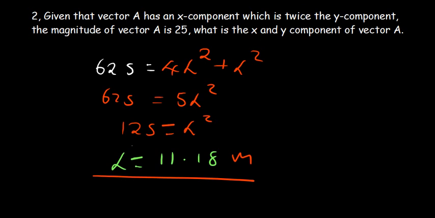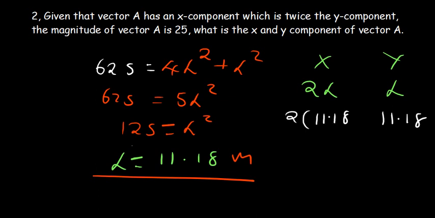The y component. So our x and y, the y was L, and x was double, twice the y component. So your y component is 11.18, then your x component is twice 11.18, so your x is double that, giving us 22.36, right?